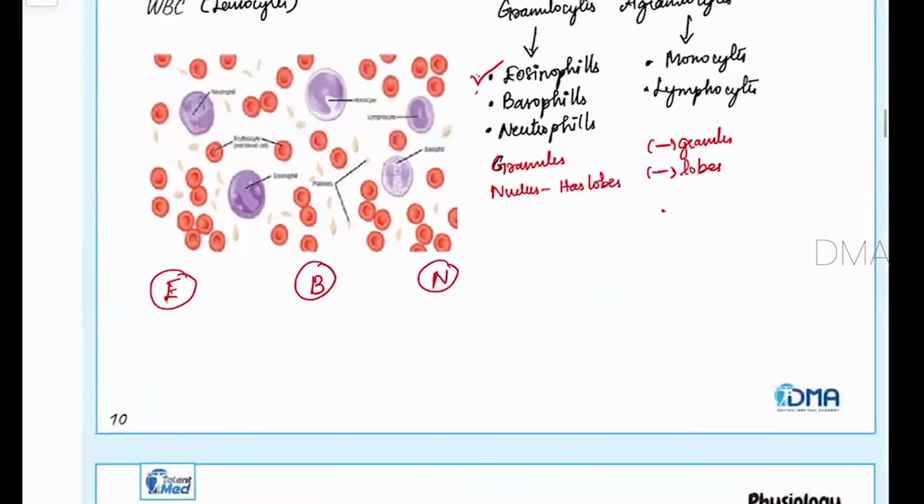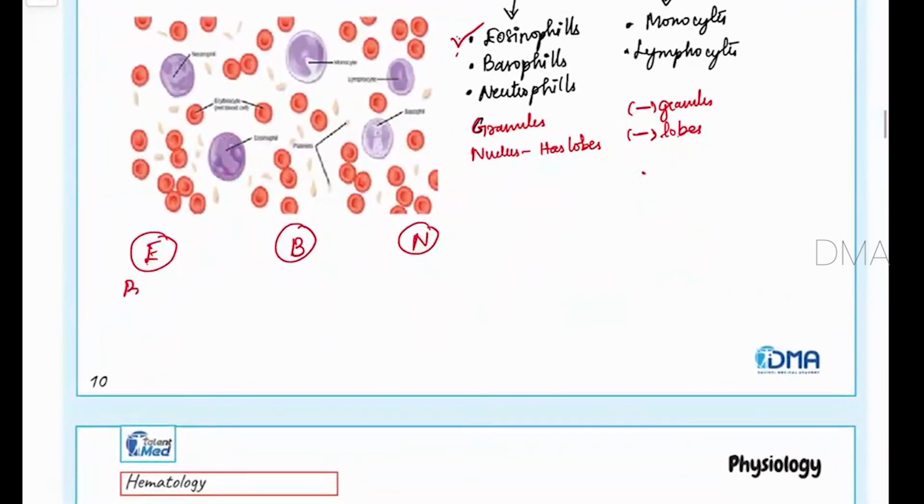The eosinophil has a bilobed nucleus, the basophil also has a bilobed nucleus, whereas the neutrophil has a multilobed nucleus.